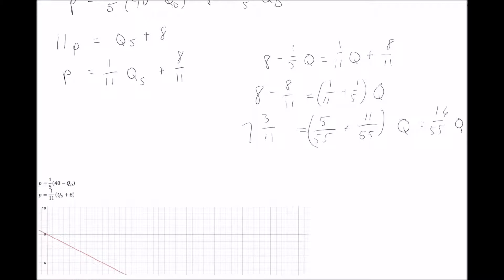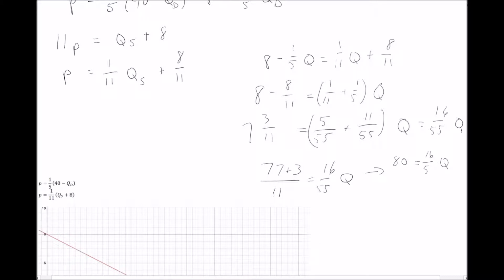And I'm now going to go ahead and finish solving. On the left-hand side, I have 77 plus 3/11. And on the right-hand side, I have 16/55 times quantity. I combine the top on the left-hand side, I get 80. I'm also going to multiply the entire equation by 11, and I get 80 equals 16/5 times the quantity.